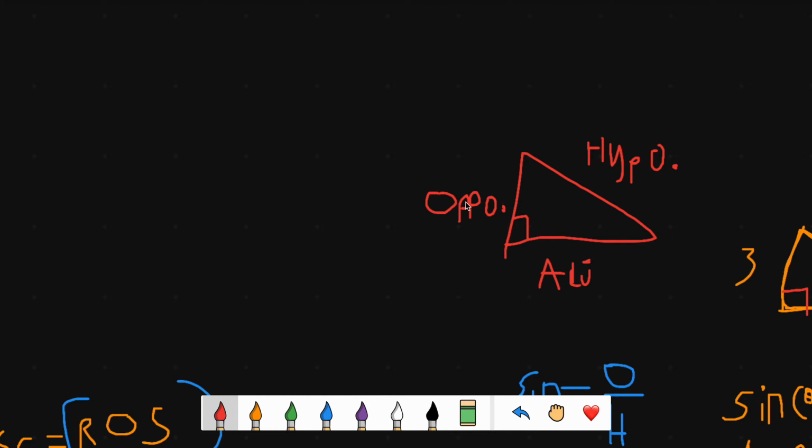For any right-angled triangle shaped like this, the vertical line is the opposite. The horizontal line is the adjacent. And the line touching the opposite and the adjacent is called the hypotenuse.